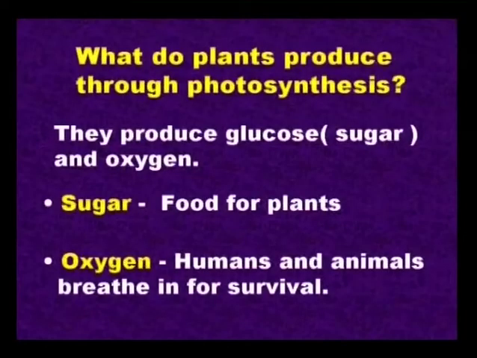They make sugar and oxygen for animals to breathe. So they exchange gas. If you can recall your last lesson on the functions of plants, one of their functions is to exchange gas. They take in carbon dioxide and produce oxygen. Sugar for the plants, oxygen for human beings and animals to breathe and survive.